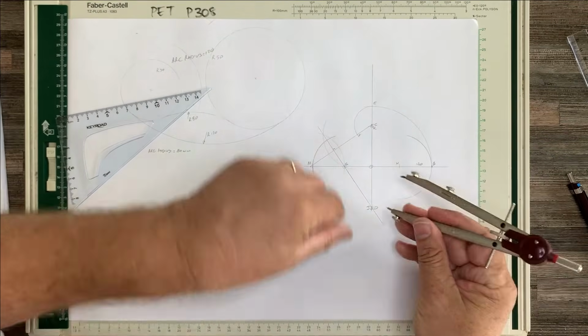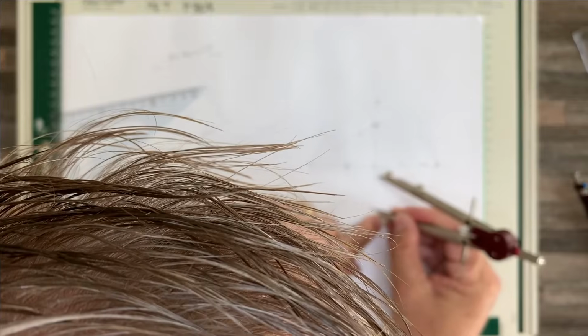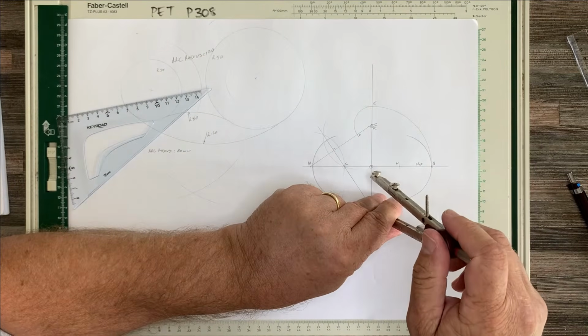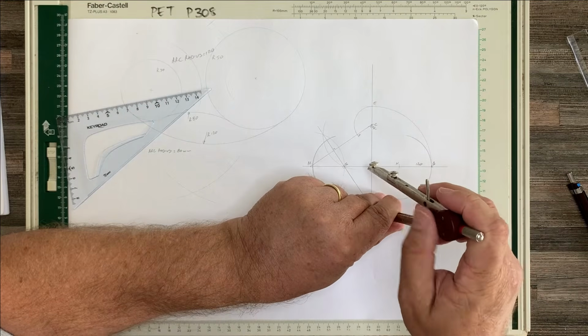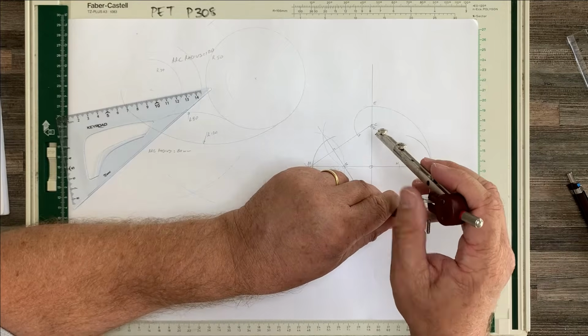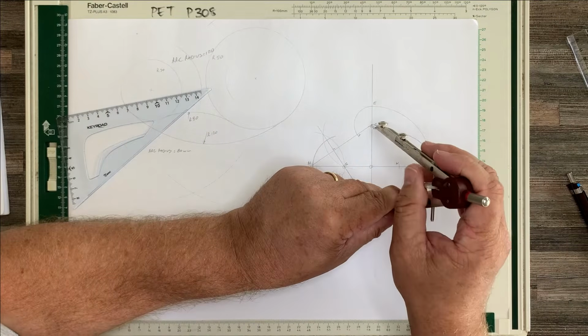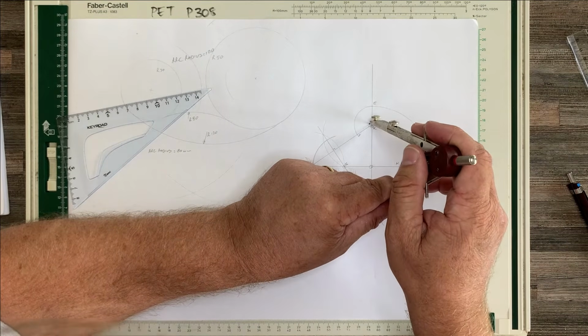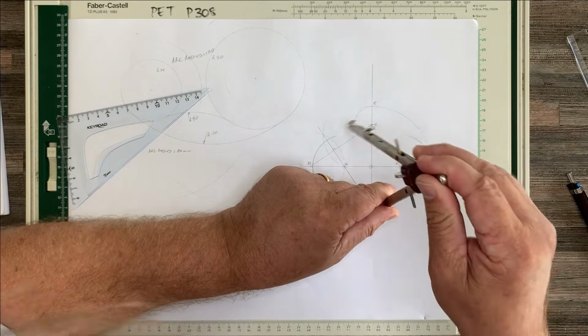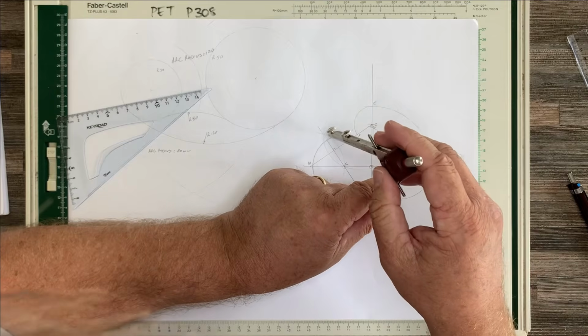So if I put my compass now on to J and I set it to point C, it needs to be lower.